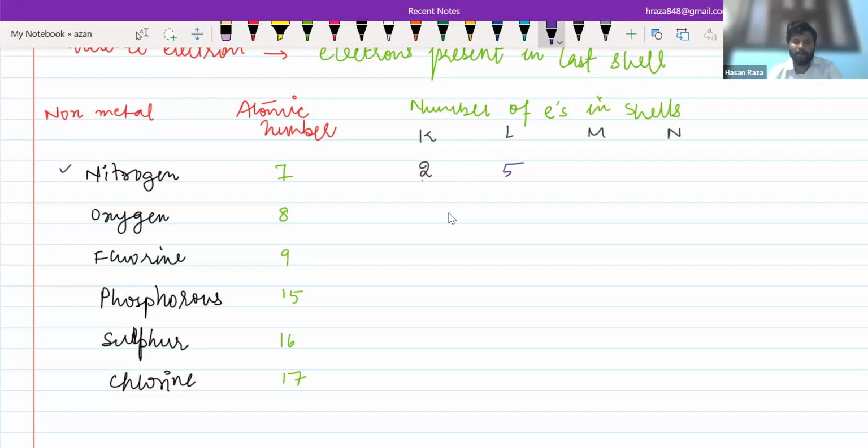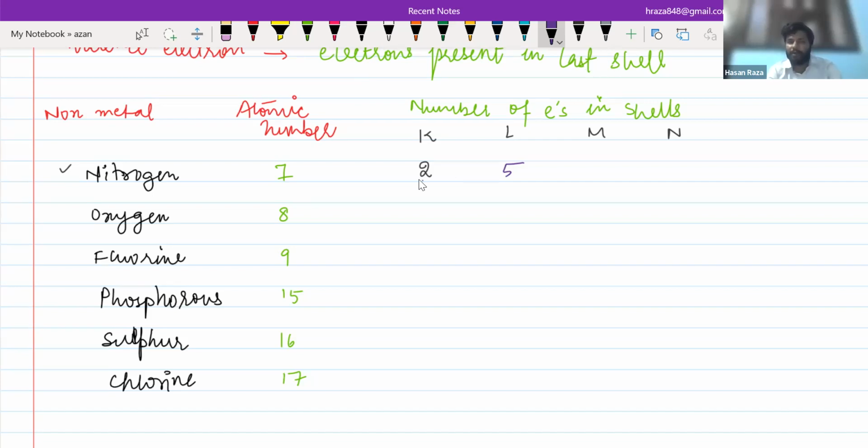What is valence electron? In the last class, I explained what is valence electron. Can you tell me what is valence electron? Sir, valency of a non-metal. No, valency is something else. That is combining capacity. Valence electrons are the electrons present in the last shell.